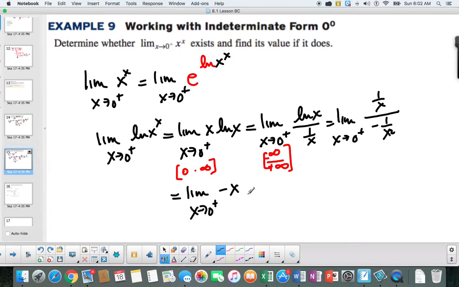And that answer we can evaluate, and the answer is going to be 0, which means that this portion right here is getting close to 0. So the answer is e to the 0, and e to the 0 is 1. So this limit does exist, and the answer is 1.